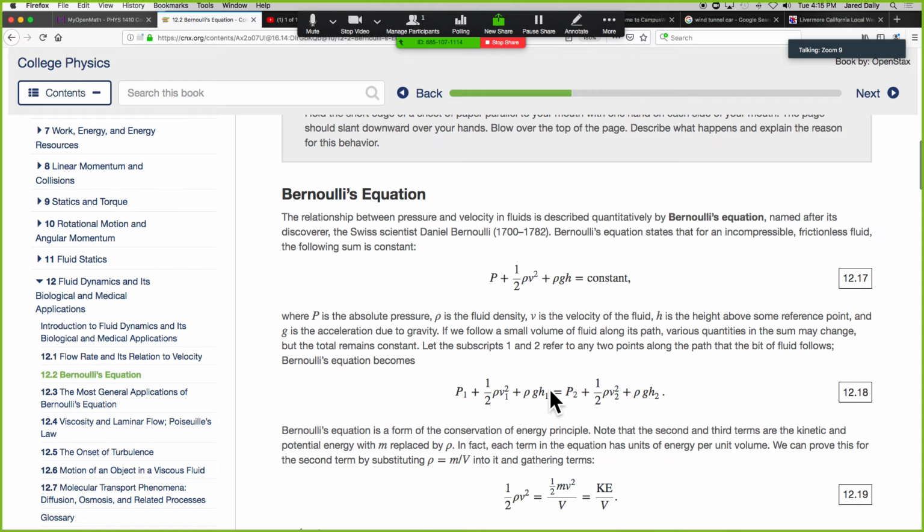So you can have the pressure 1 plus 1/2 rho v squared plus rho gh1 equal the pressure 2 at a different place in the system, plus 1/2 rho v2 squared plus rho gh2, and that has to be equal. So you get this kind of conservation of energy thing.